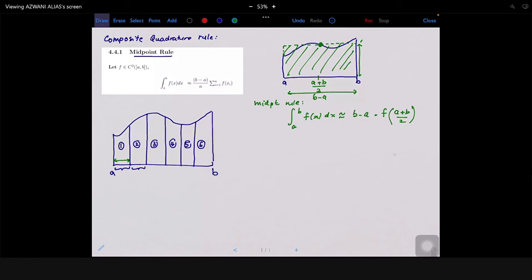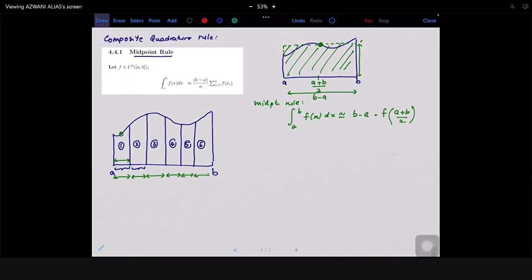So midpoint between here, let's say kat sini. Kan? Itu adalah midpoint rule. So ni kita perlu tahu the value of each sub-interval ni. Tu the first problem. Macam nak cari for each the value of each sub-interval.